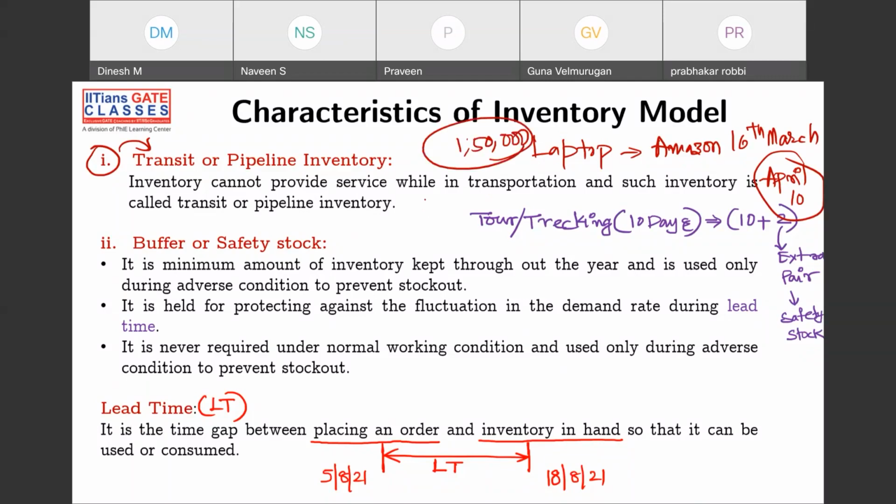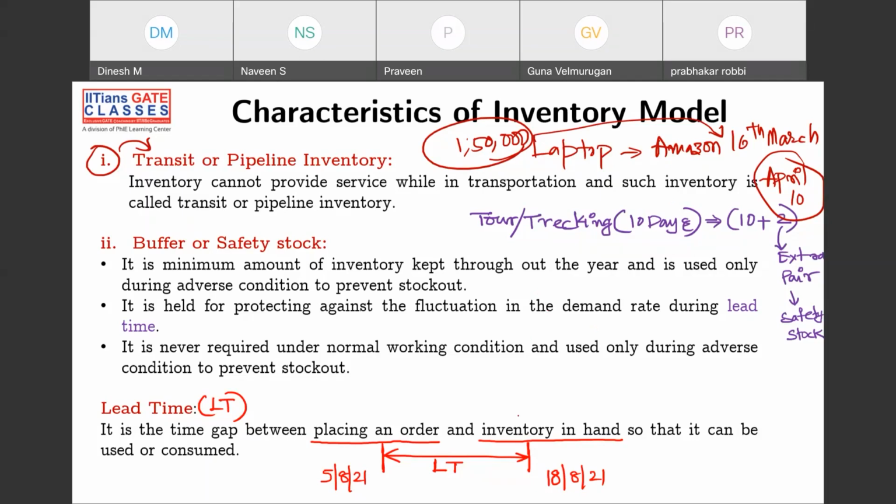You are not paying in EMI, you have cash, you are paying 1,50,000 on 16th March and you don't have the product, and the process is going on. Correct? That fellow has to pack it and move it from some place to here, through some transportation company.